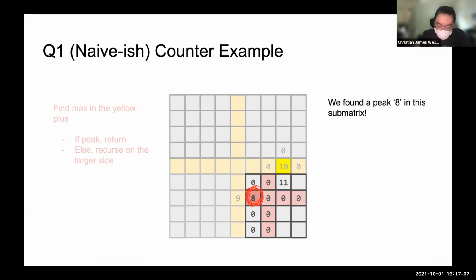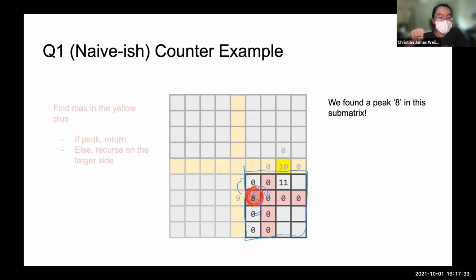It sees its adjacent neighbors: 0, 0, and 0. Remember, we only focus on this region, so it doesn't know that the number 9 exists. We focus only on this submatrix. It examines its adjacent neighbors, and they are all zeros. So we say that 8 is the peak in this submatrix. But hopefully you see the problem here.